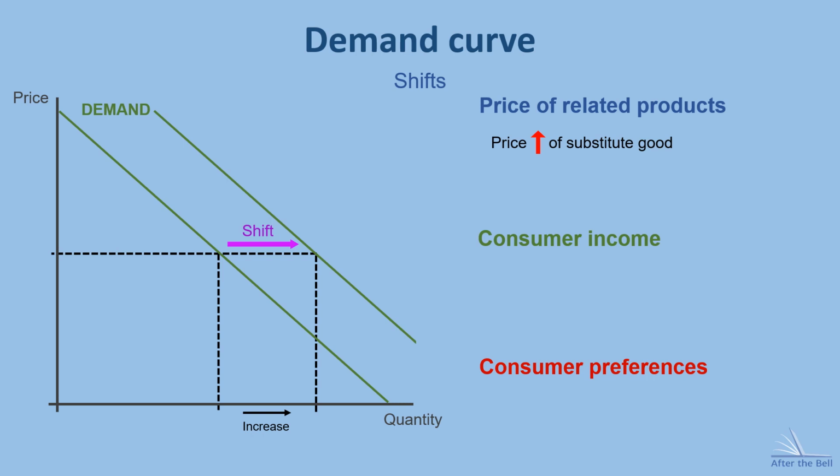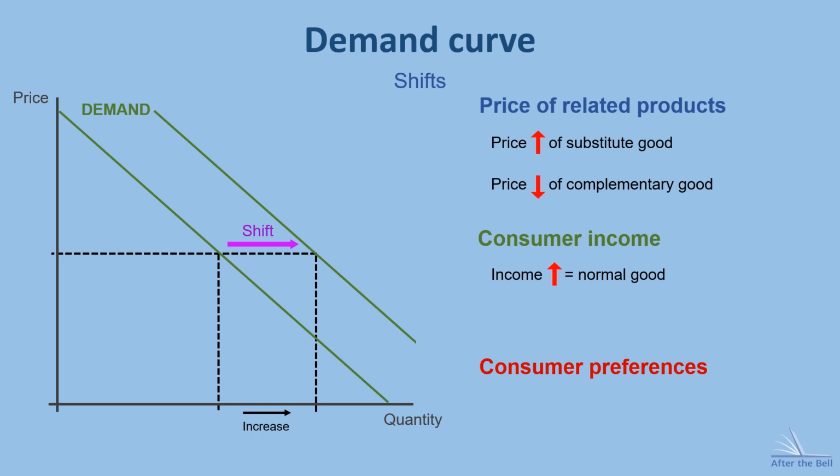If the shift was because of a fall in price of a related product, then that product would have to be a complementary good. People usually drink tea with milk, and so if the price of milk falls, the demand for tea might increase. The shift could also be explained by changes to consumer income. If income's increased, then the curve must be for a normal good, because demand increases for these goods when incomes go up.